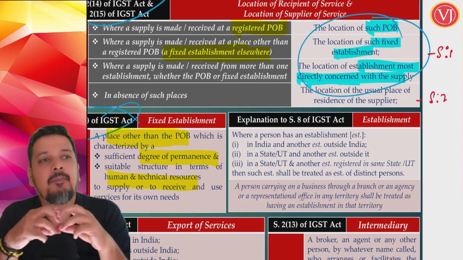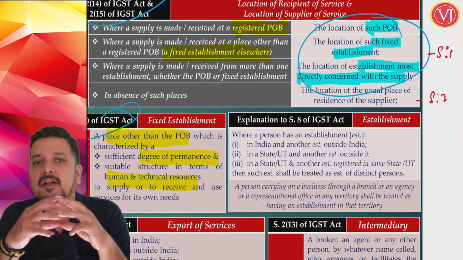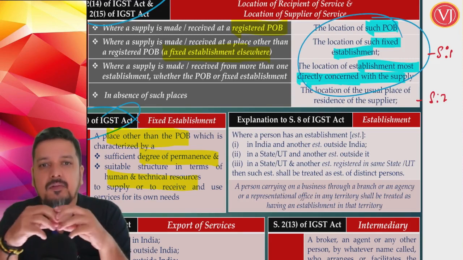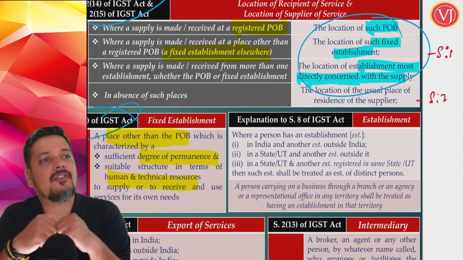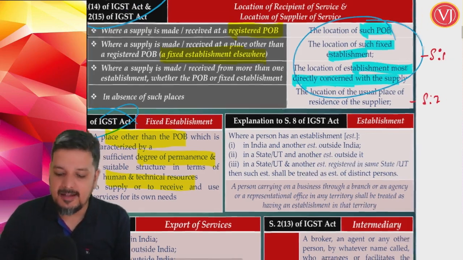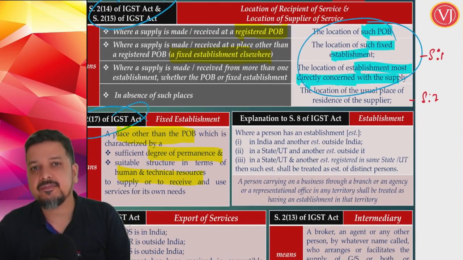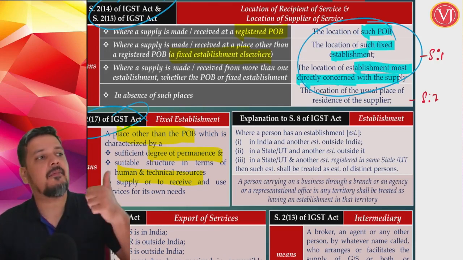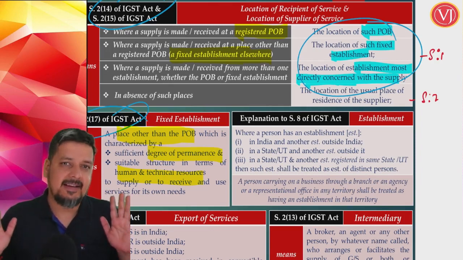If my team of Bangalore is giving that service, it is Bangalore. If my Coimbatore team is giving that service, it is Coimbatore. Whichever is most directly concerned or connected. It is neither the main registered place of business nor the fixed establishment, whichever is most directly concerned.